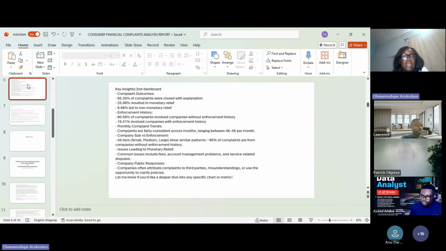Then company making it mandatory that they have to attend to the complaints. The monthly complaint trends as well. Then the company public response, that is, companies often attribute complaints to third parties, maybe misunderstanding, or the use of opportunity to clarify the policies they have in the company.